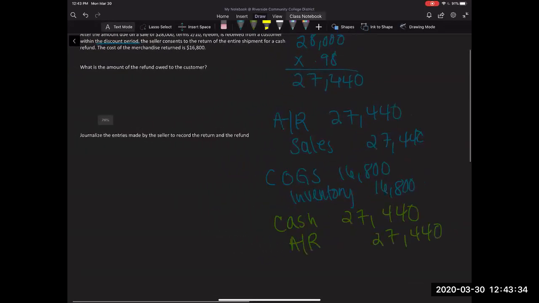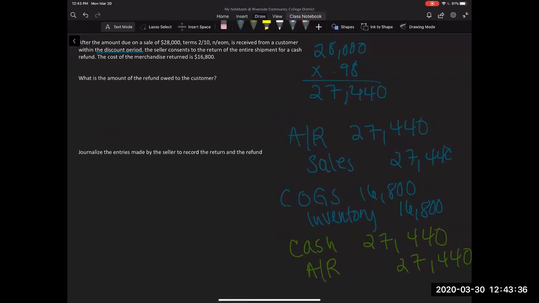So the first question says, what is the amount of the refund owed to the customer? Well, if they return the entire shipment, it will not be the full amount of the sale, because they paid within the discounted period.